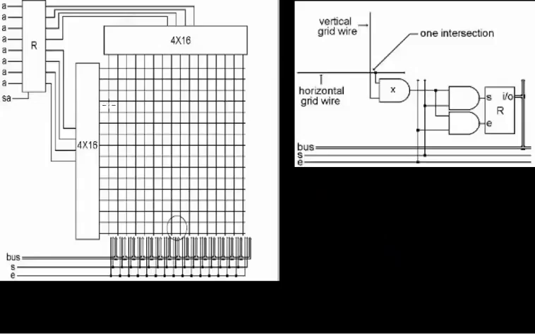And now let me explain what the 4 into 16 decoders are, and you can see that there are two of them. The first 4 input bits of A are connected to this decoder, and the other 4, which are these 4 below, are connected to this decoder.